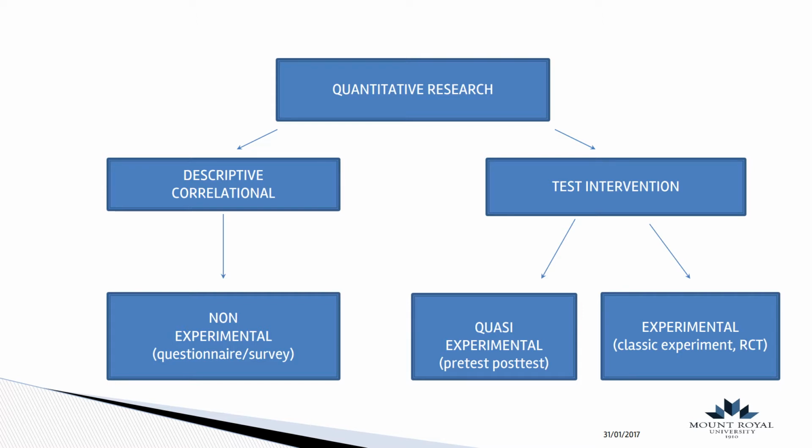So there was an interesting study done with parents whose children were admitted to hospital, and they looked at the congruency between what parents said they wanted to be involved in and what they were actually involved in.